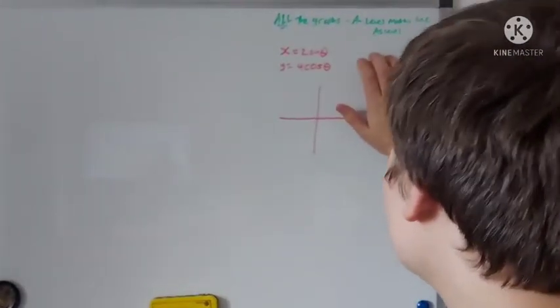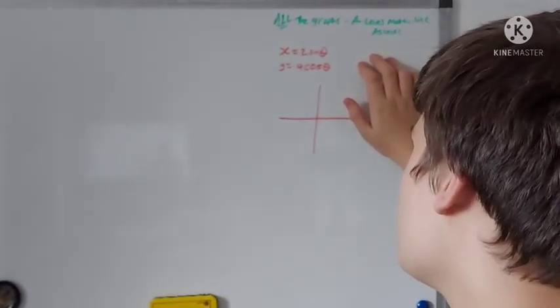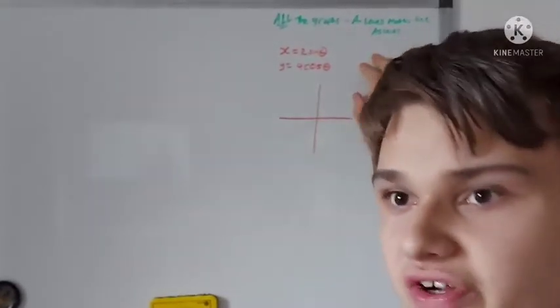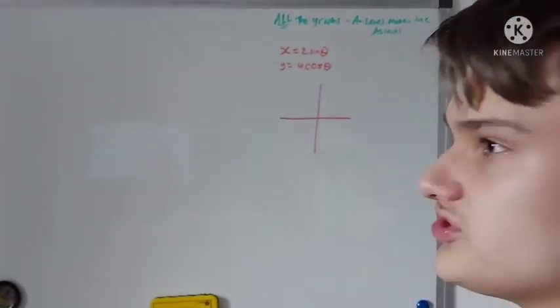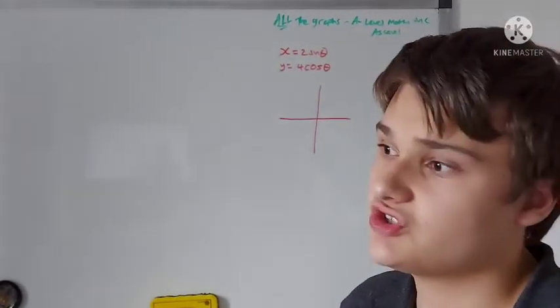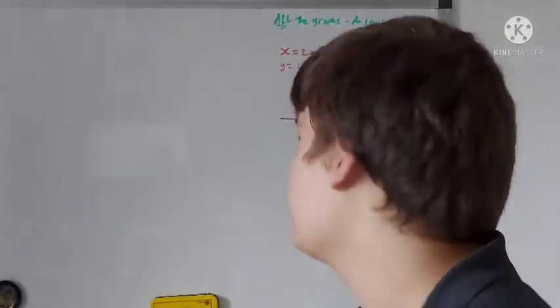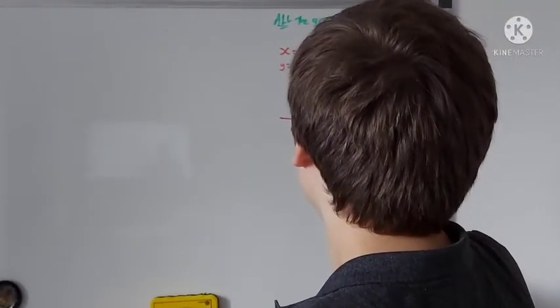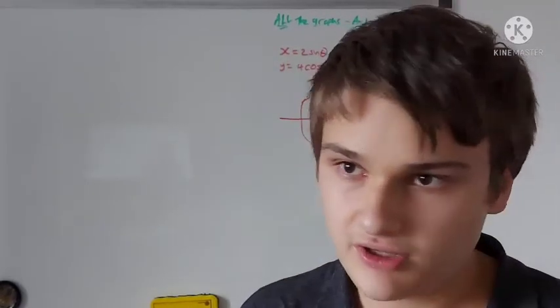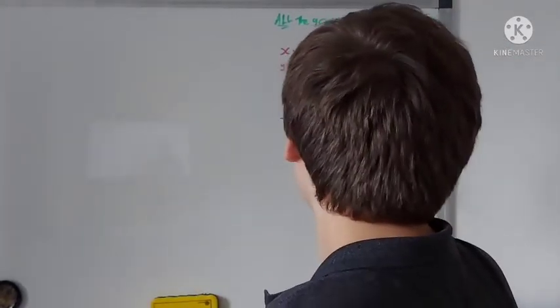Finally then, there's one more I want to cover, and that is this. x is 2 sine theta and y equals 4 cosine theta. Now this you should recognise as an ellipse. If you don't know what an ellipse is, you need to go to parametric equations and see all that stuff. I'm not covering that here. But you should be able to draw some sort of reasonable ellipse, more like an oval.